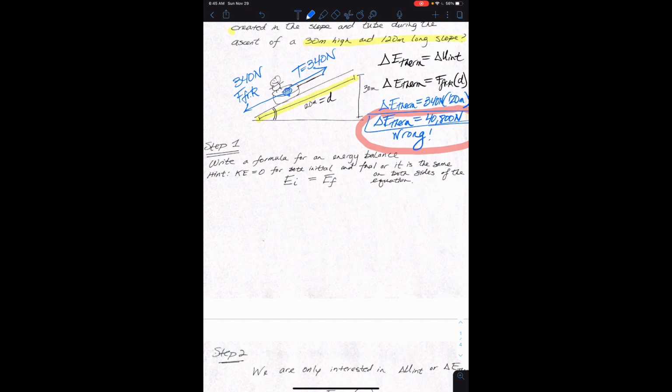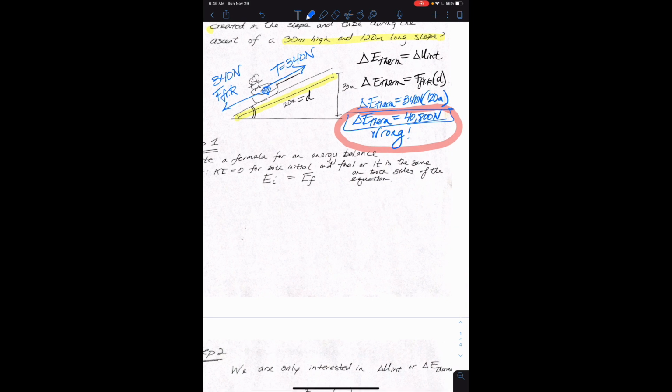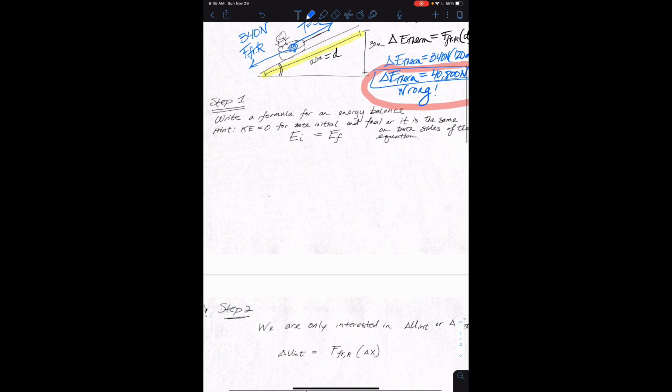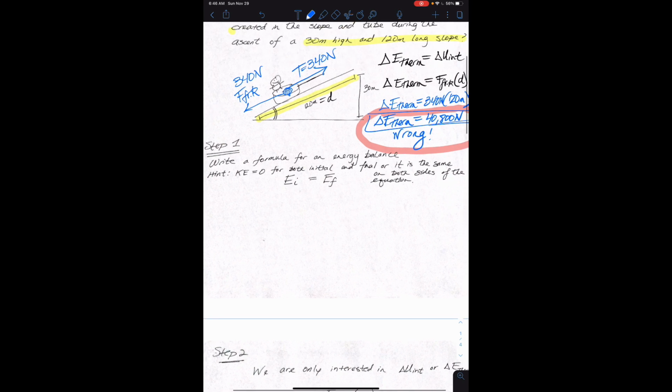It says, write a formula for the energy balance. Hint, KE equals 0 for both initial and final, as it's the same on both sides of the equation. It's not really equal to 0, but it's going to cancel off. So let's write this. Initially, what kind of energy do we have? Well, the tube is moving initially.